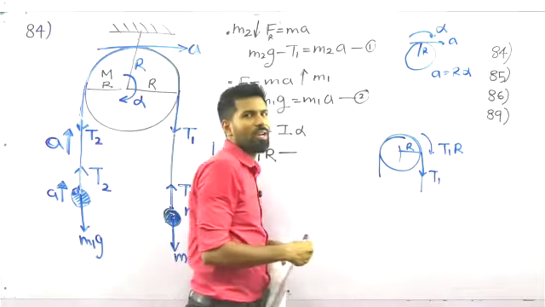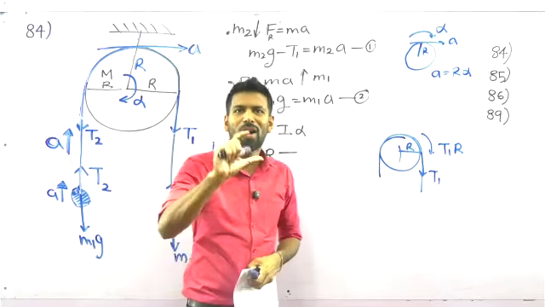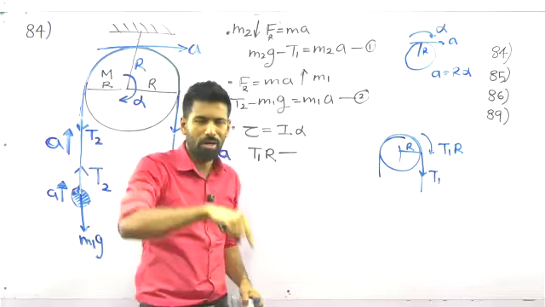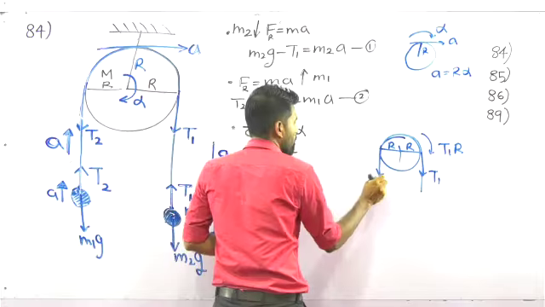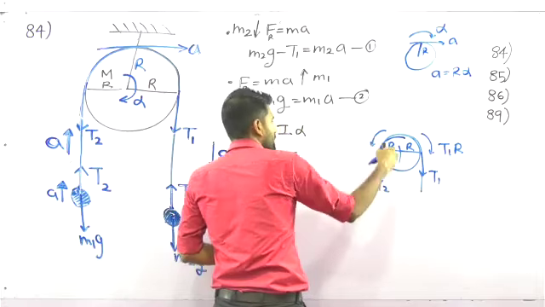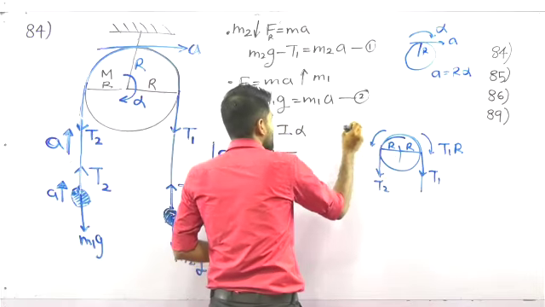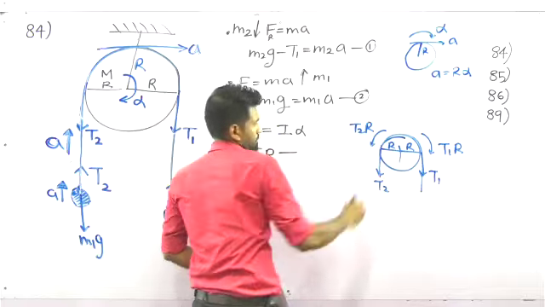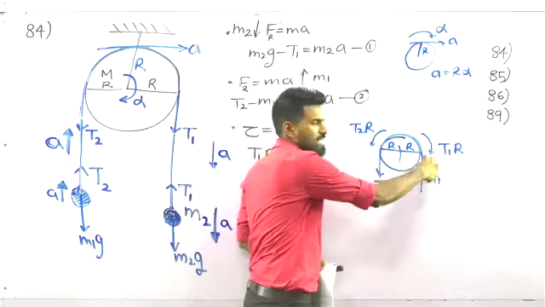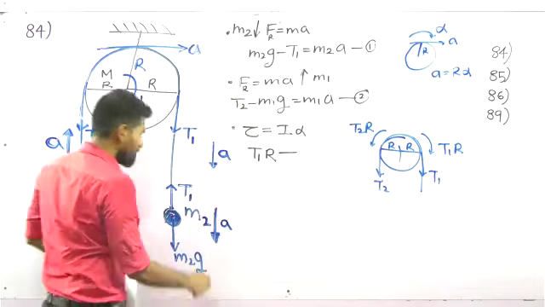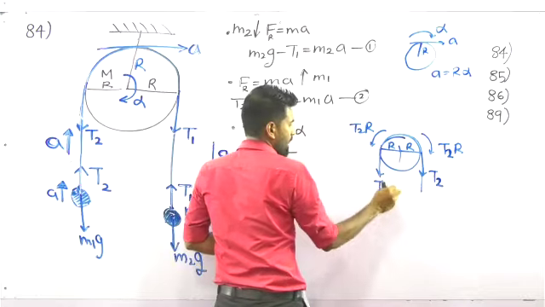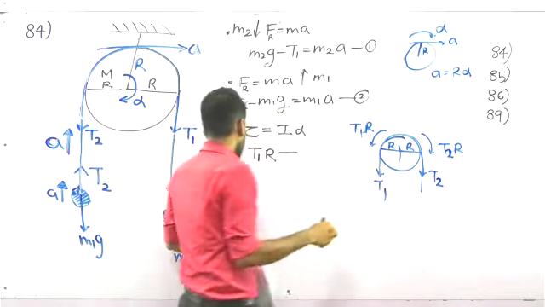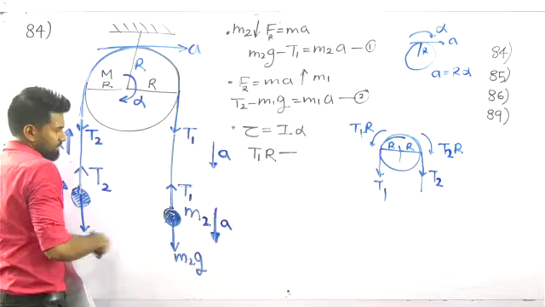But T1r will not get the chance to fully govern the motion, because of the opponent. To this side you have r again and you have T2. T2r is also present. Here I have made a mistake.